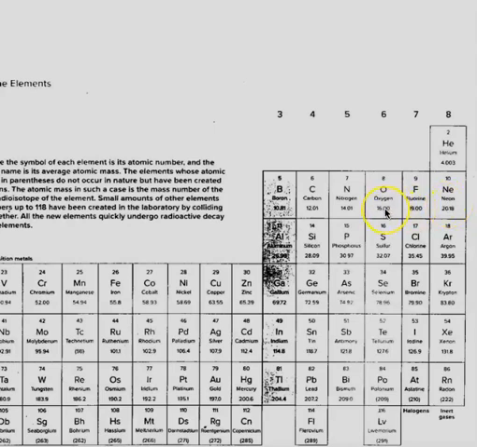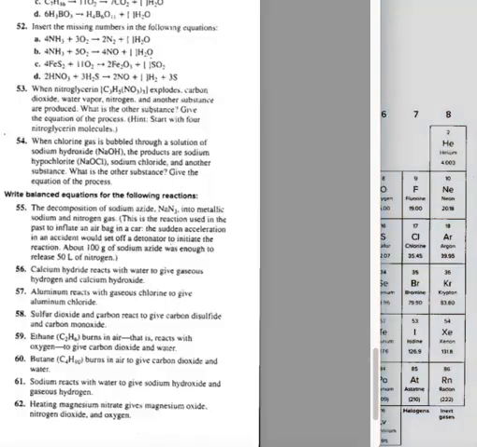Therefore, oxygen has a negative 2 charge on it. Okay, so that answers those questions for number 41: what is the charge on the alkali metal ions, on the halogens, and on the oxygen ions?